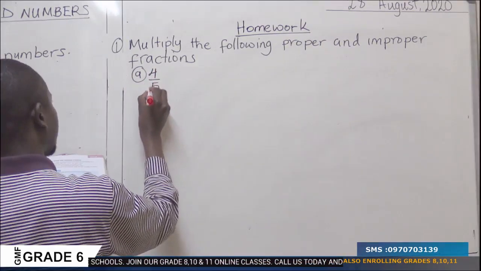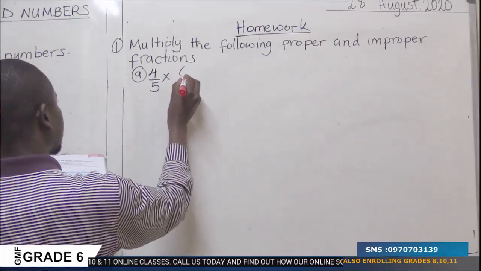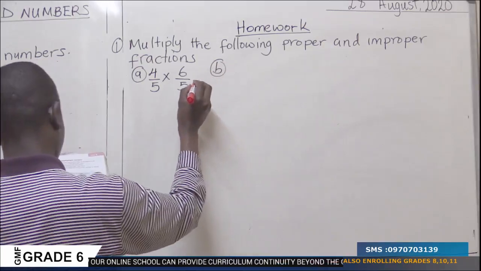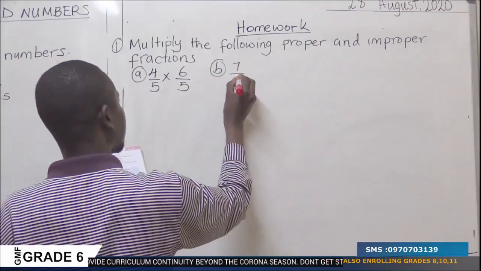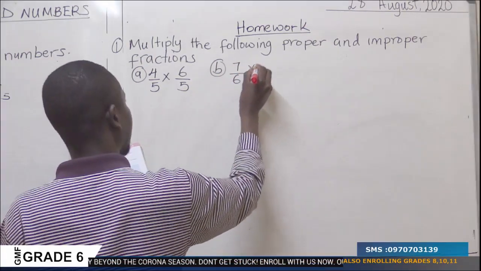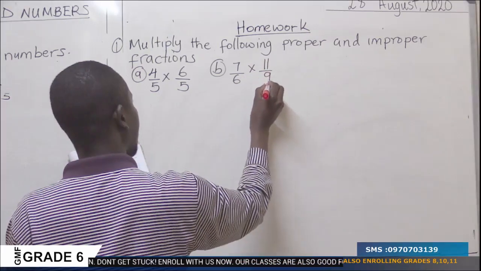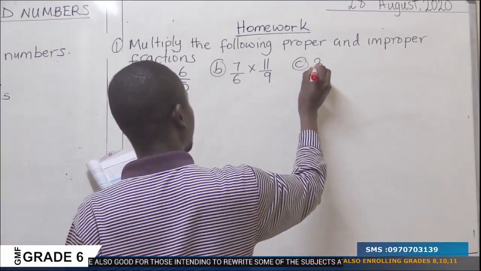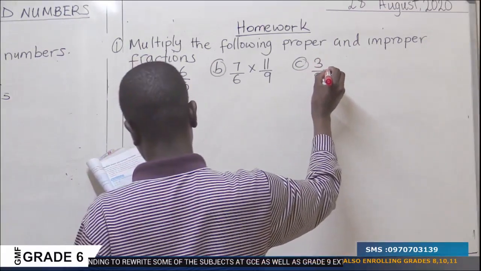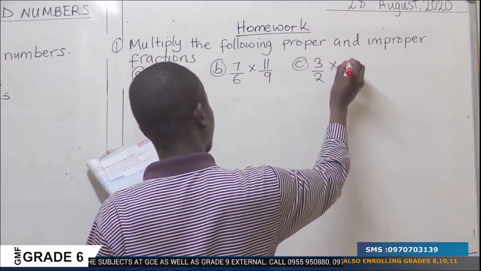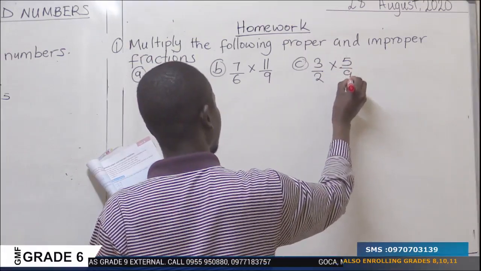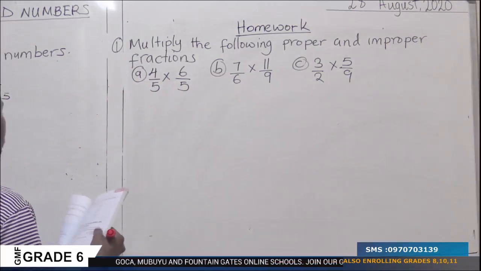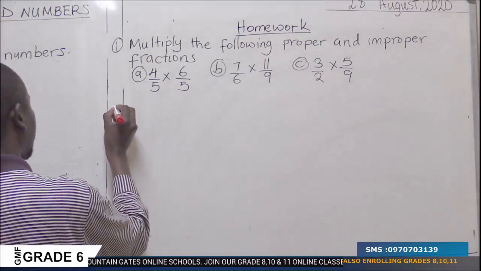A, 4 over 5 times 6 over 5. B, 7 over 6 times 11 over 9. C, 3 over 2 times 5 over 9. Okay, let me give you the last question, based on what we've learned today.